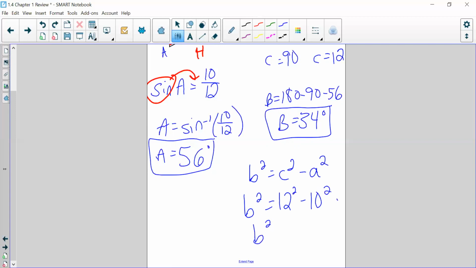And remember bad math, you can't just do 12 take away 10 and end up with 2 squared. You have to do 12 squared, take away 10 squared, so 144, take away 100, and you end up with 44. Square root both sides. And you get 6.6.